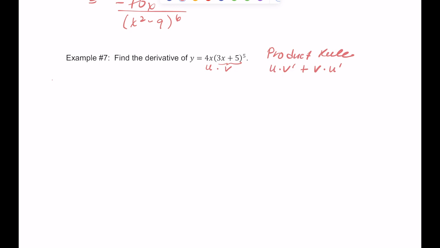Okay, so to find the derivative, I need to use the product rule. So I'm going to have u, which would be 4x, times v prime. Okay, so v prime, I'm going to use the general power rule, and that would just be 5 times 3x plus 5, and then to the 4th power.